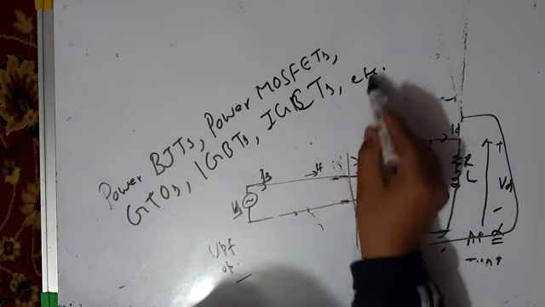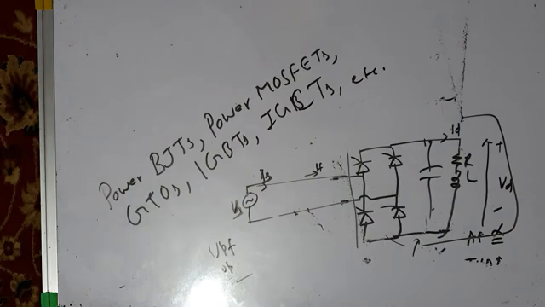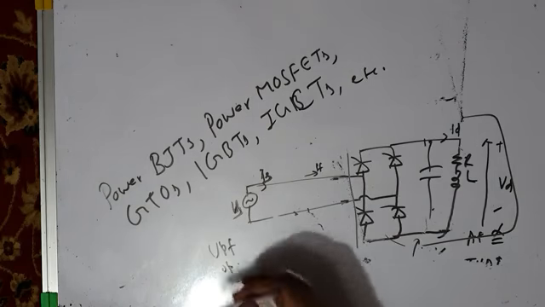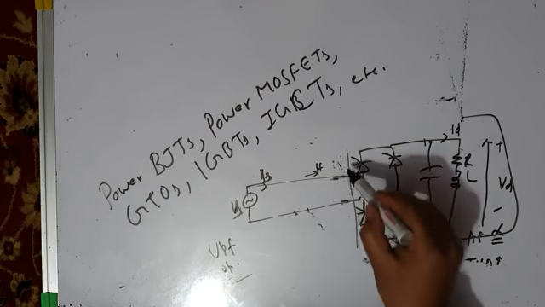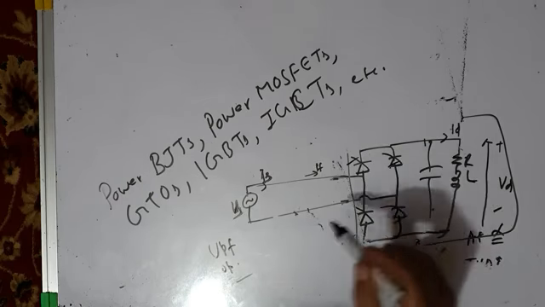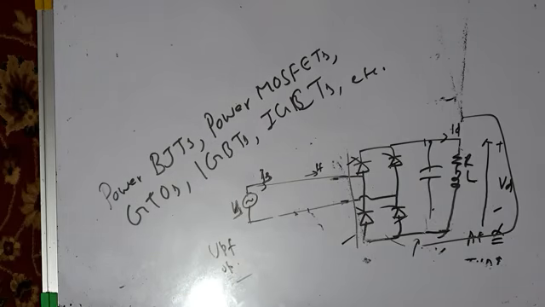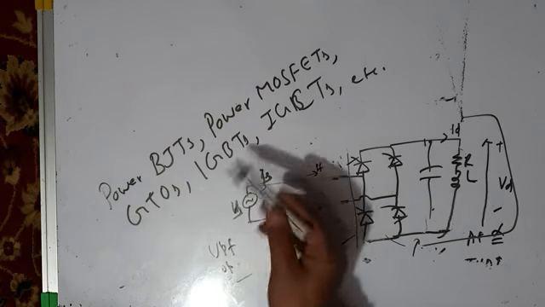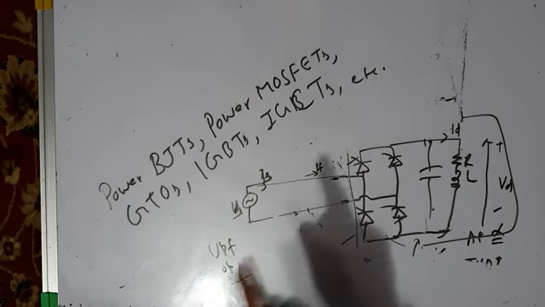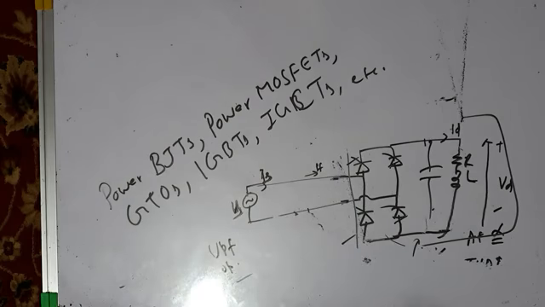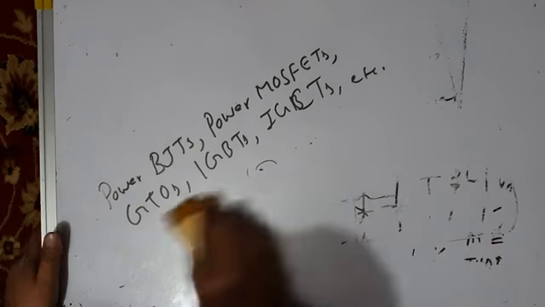The rapid development in power semiconductor technology along with computer technology has made it possible to replace these thyristors, SCRs, by self-commutated power semiconducting devices like IGBTs or GTOs or power MOSFETs, and switch them at a very high switching frequency in such a way that they draw purely sinusoidal currents from the source. And they act as linear loads.